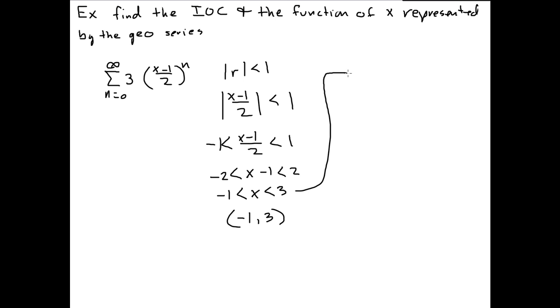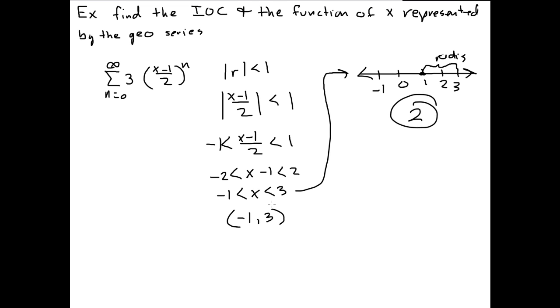Well, if we were to put this on a number line, here's negative 1 and here's 3, and we'd have 0, 1, 2. We have to find the halfway point, cut it down the middle, and here is our radius of convergence. If we were asked that, the radius of convergence would be 2. It would be 2 units. So this is our interval of convergence, and this would be our radius of convergence.